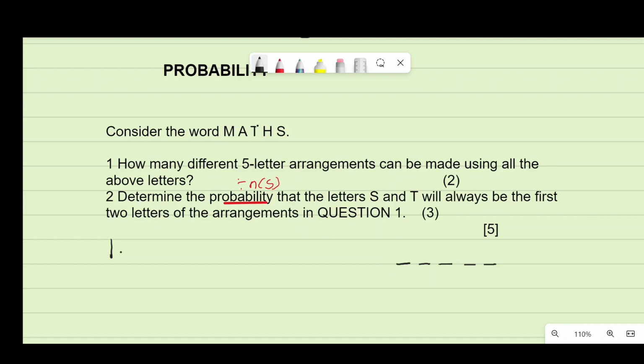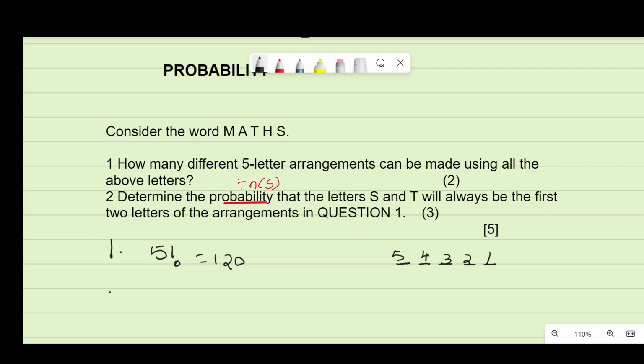Do you see? No repetition, nothing. So now you know that it's 5, 4, 3, 2 and 1. That's how you arrange without any restrictions. It's 5 factorial ways, and 5 factorial is 120. So the answer is 120.